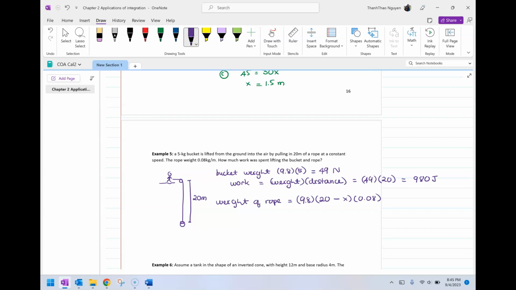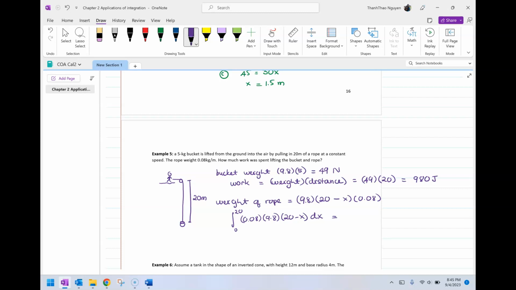So then the total work required to lift that rope is equal to the integral from 0 to 20 of 0.08 times 9.8 times 20 minus x dx.